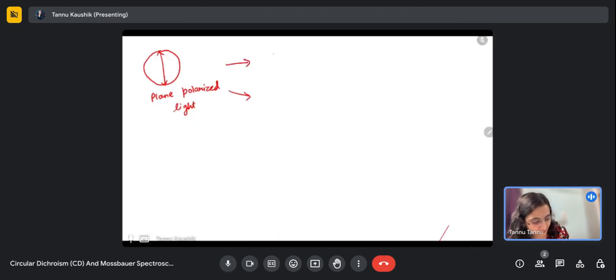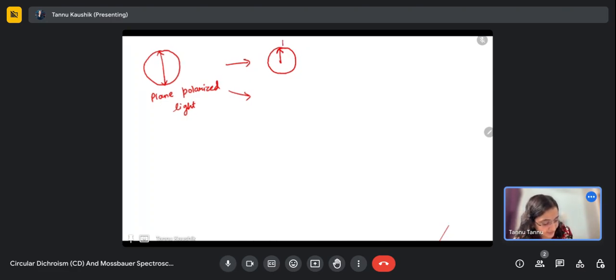So this plane polarized light consists of two parts.